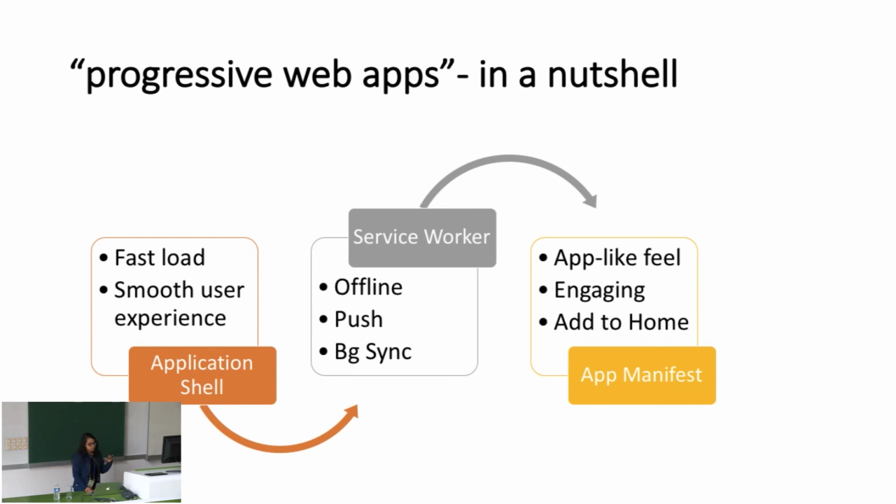So we talked about service workers being the heart of this entire progressive web app. Let's dive into what service workers are and how they play a major role in what progressive web apps do.